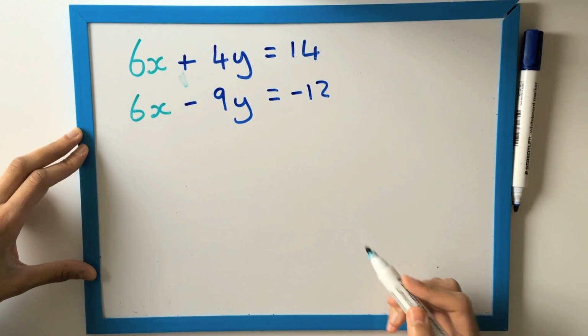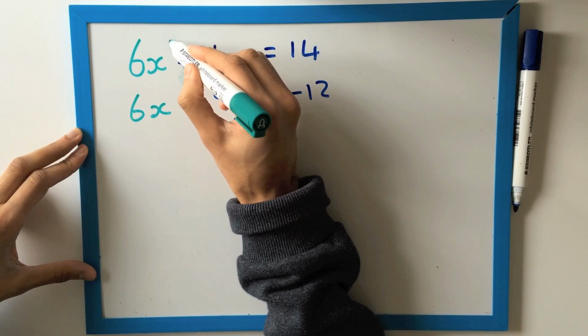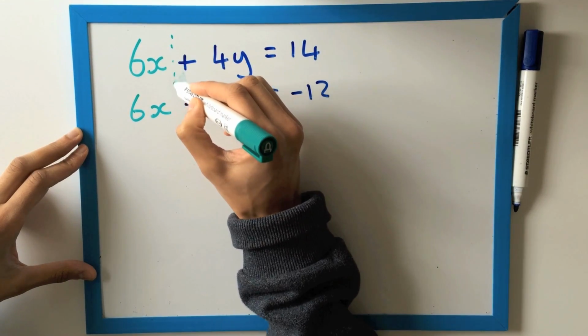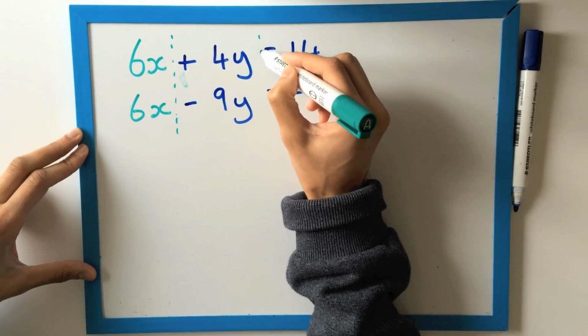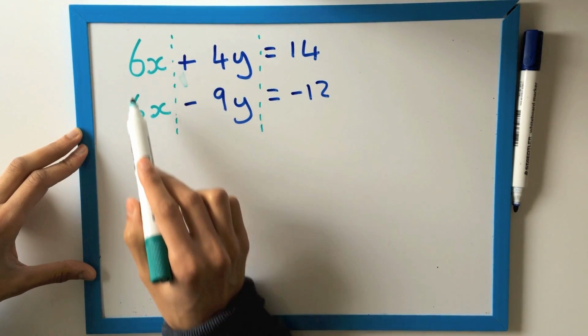So the next step requires us to eliminate the 6x term. We can do this by subtracting one equation from the other. So for this example, we're going to subtract the second equation from the first equation.